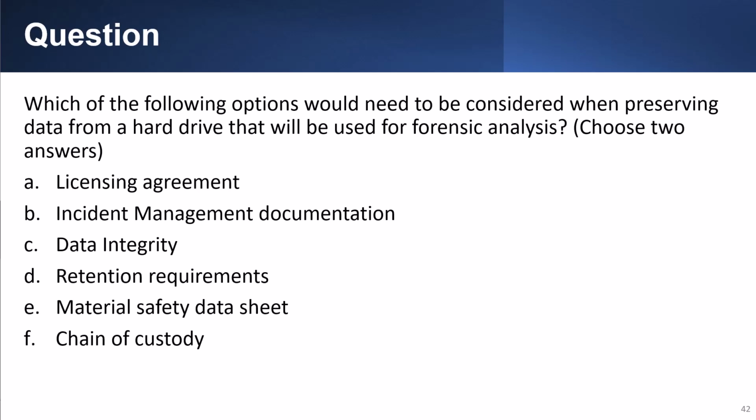Question: Which of the following options would need to be considered when preserving data from a hard drive that will be used for forensic analysis? Choose two answers. Answer: Data integrity and chain of custody.